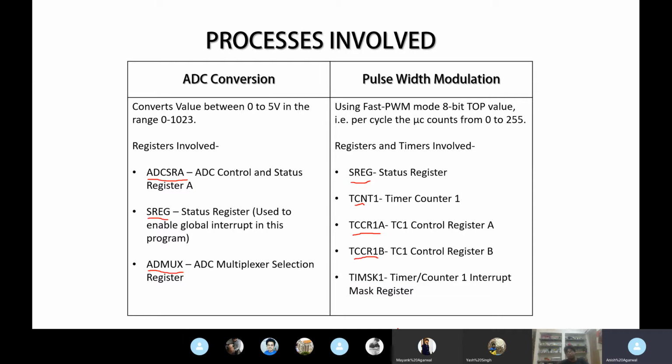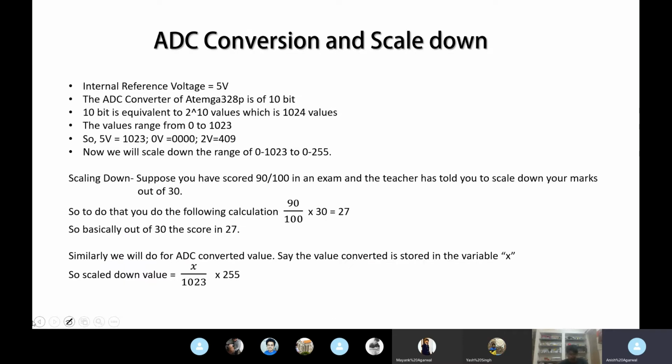All right. So now I'll explain what ADC conversion is and what pulse width modulation is. Okay. So what is ADC conversion? Suppose the internal reference voltage of the Arduino is 5 volt, and internally the ADC converter of the Arduino on the Atmega 328P is 10 bit.